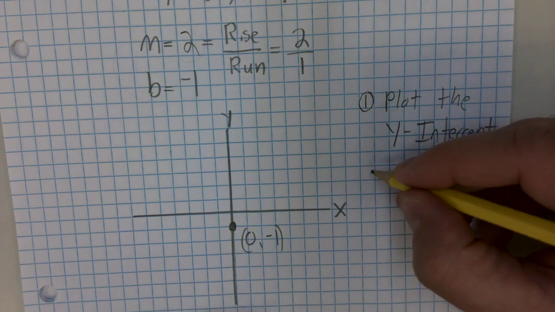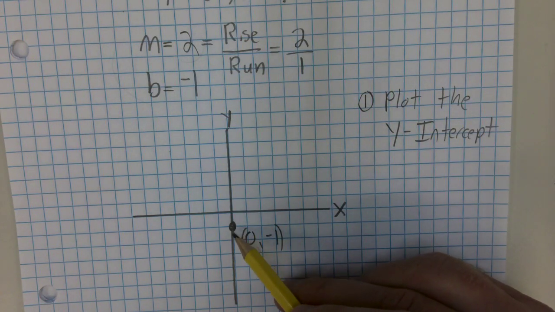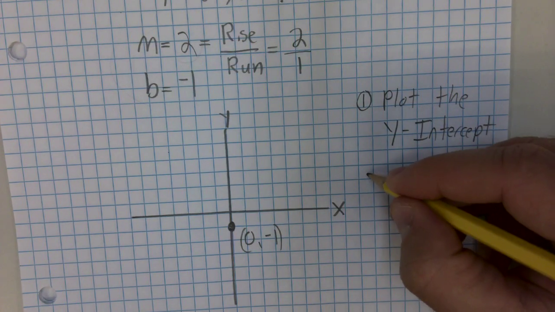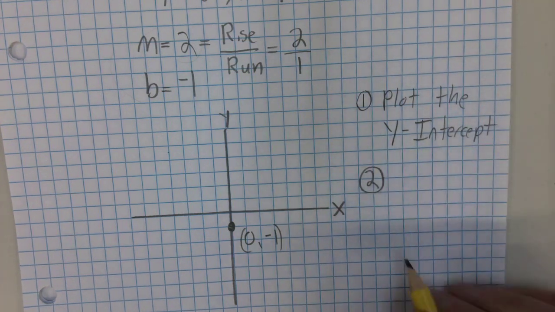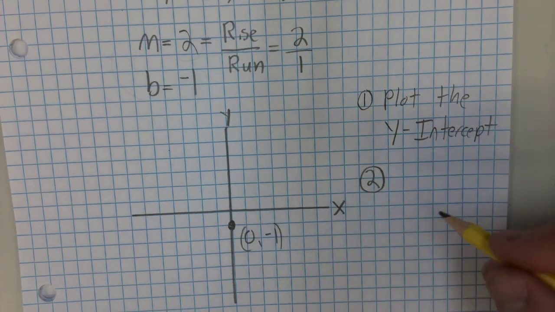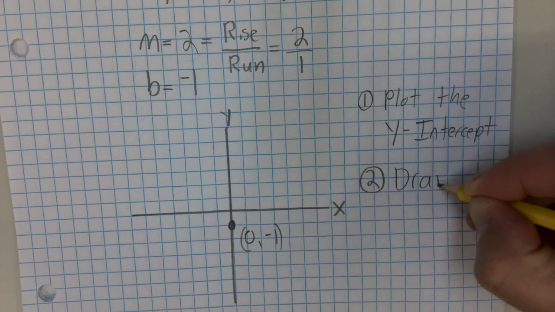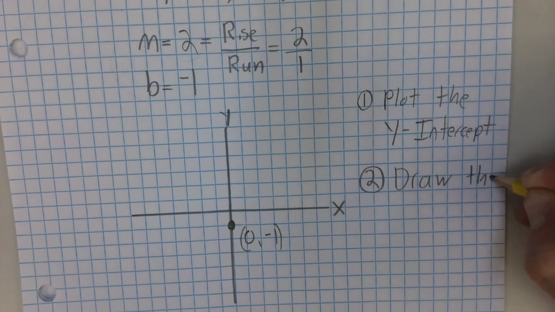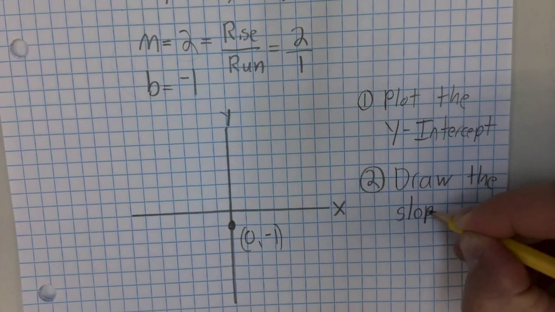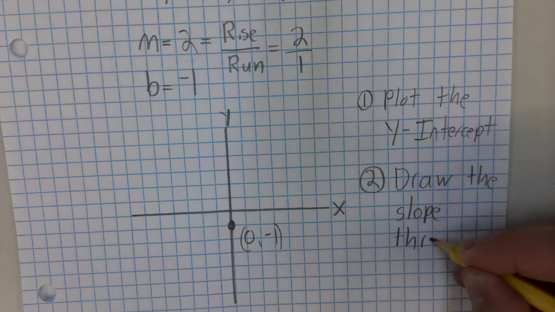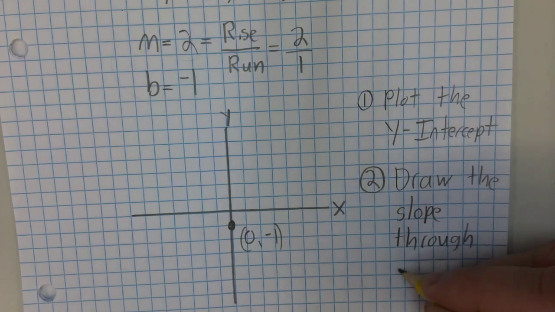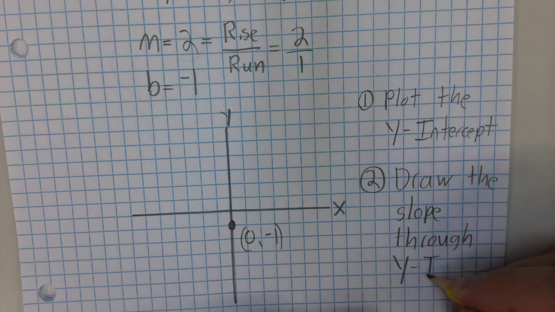That's going to be our first point in our line. Our line crosses that point somewhere. Anyway, the next step we're going to take is to draw the slope through the y-intercept.